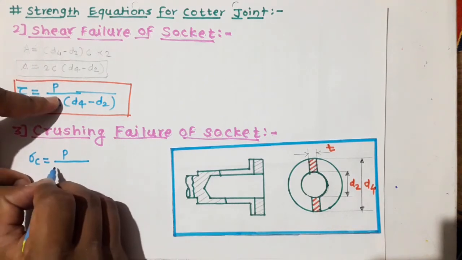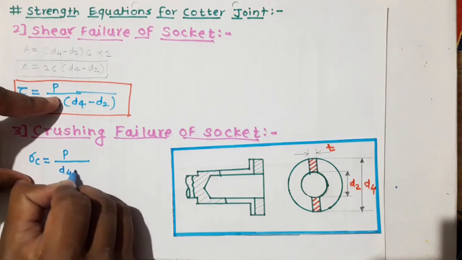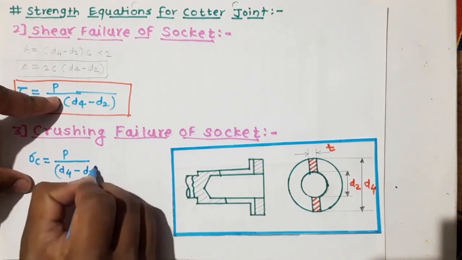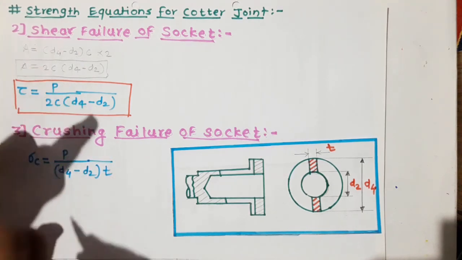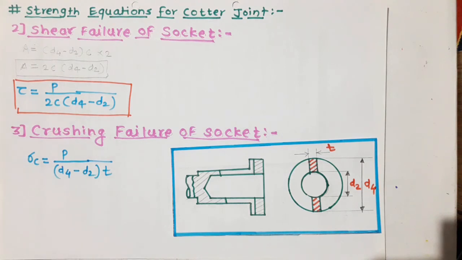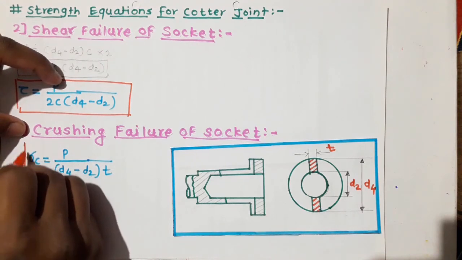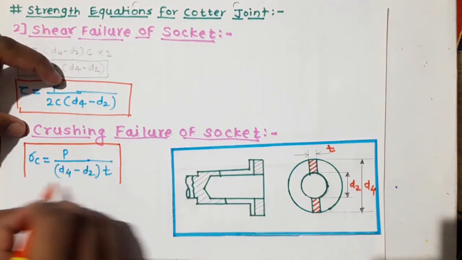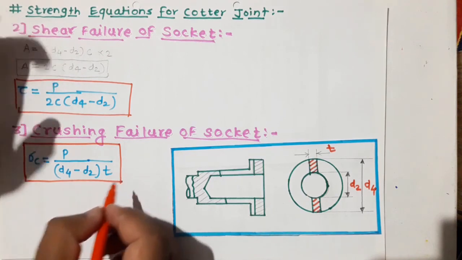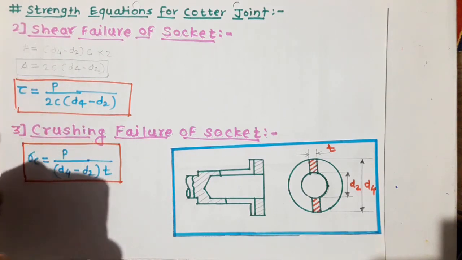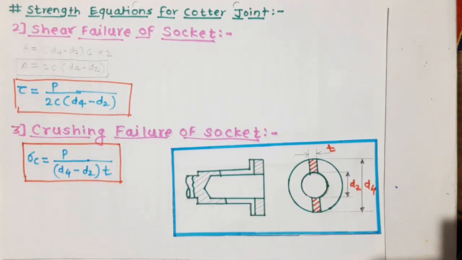So therefore we can write the area is d4 minus d2 into t, and this is the area subjected to crushing stress. And if we put this in the equation, we get this equation of crushing stress. So sigma c is equal to P upon d4 minus d2 into t. And with this equation we have completed the strength equations for the socket.